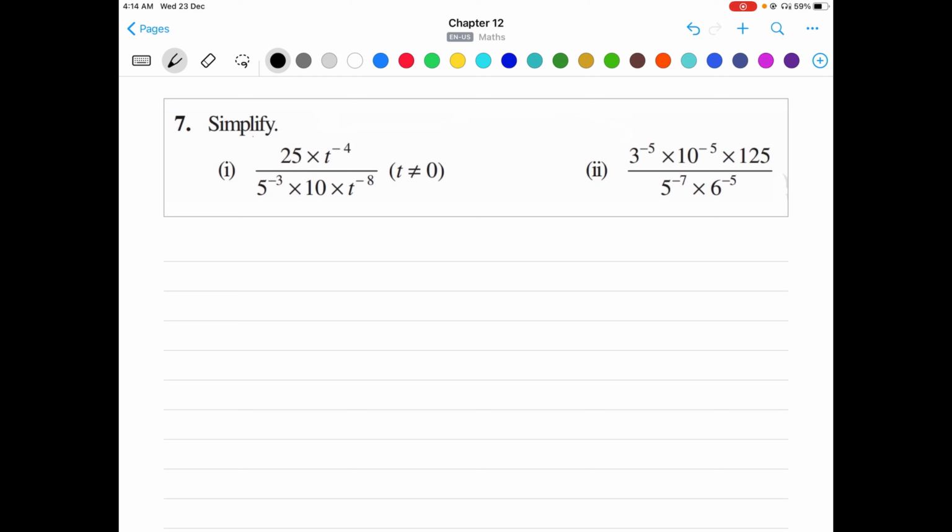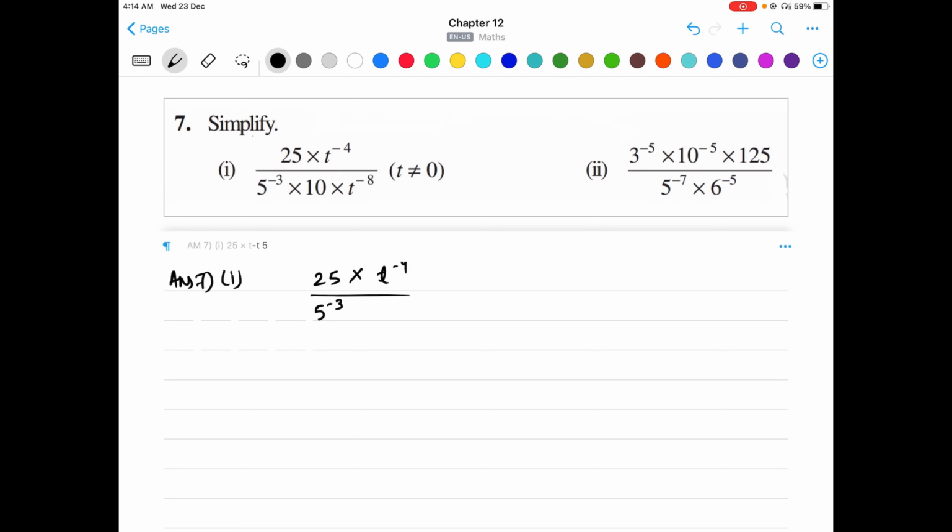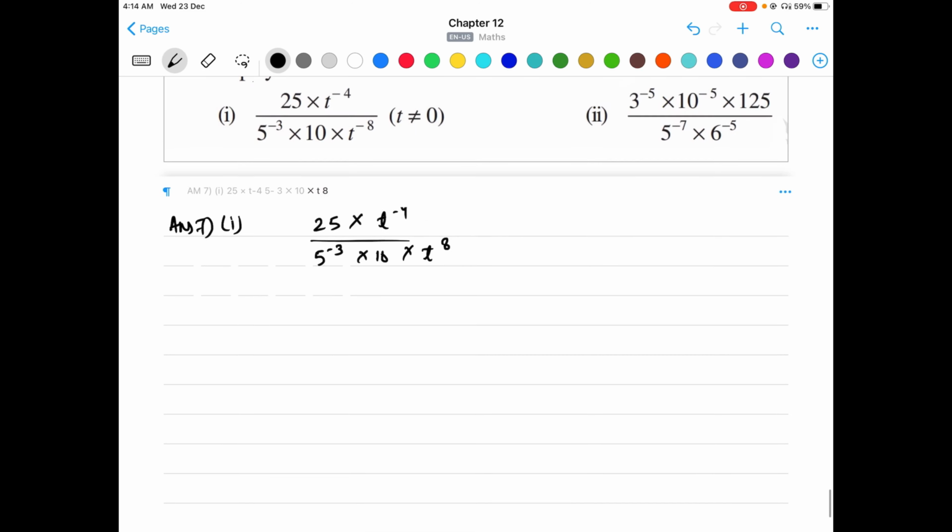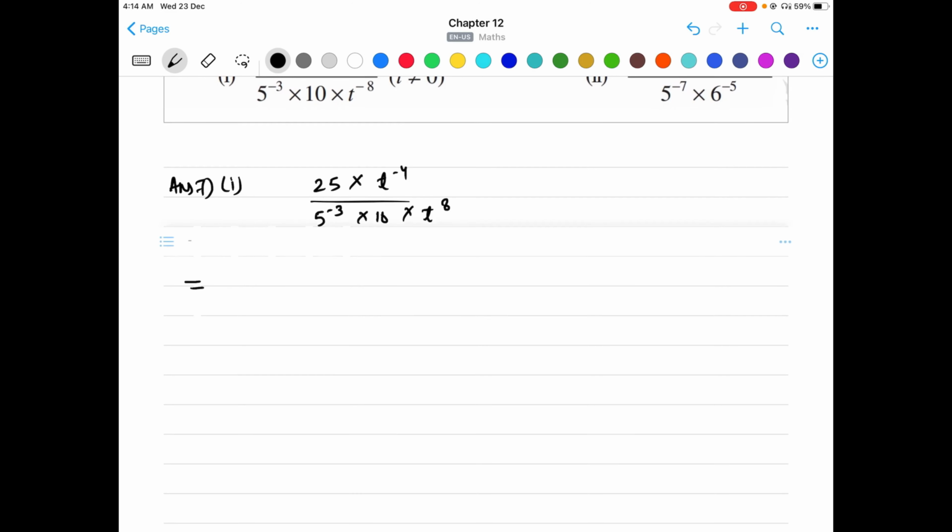Okay, now moving ahead to the next and the last question of this exercise, which is question number 7. It says, simplify the given expressions. Okay, so we have first here, this is answer number 7, part 1. We have 25 power t minus 4 divided by 5 power minus 3 into 10 into t power minus 8.